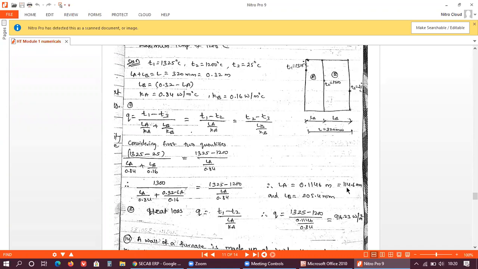That is the thickness of the first insulating material or first fire brick wall, 114.6 mm. Then you take the difference, 320 minus 114.6, and you get 205.4 mm as the thickness LB. Is it right?